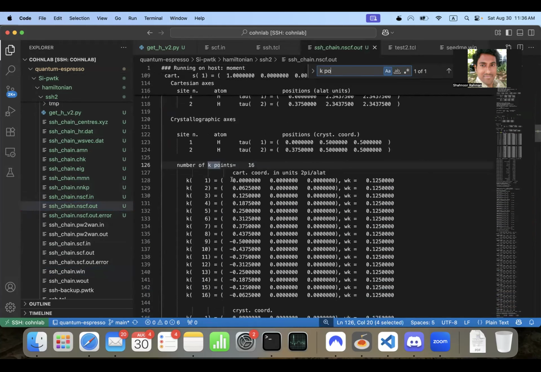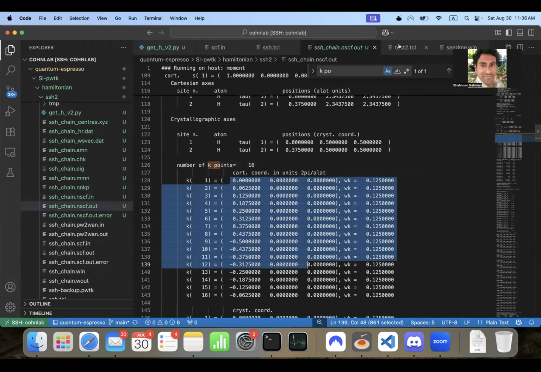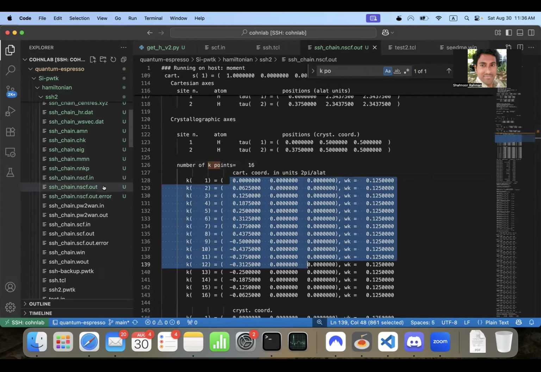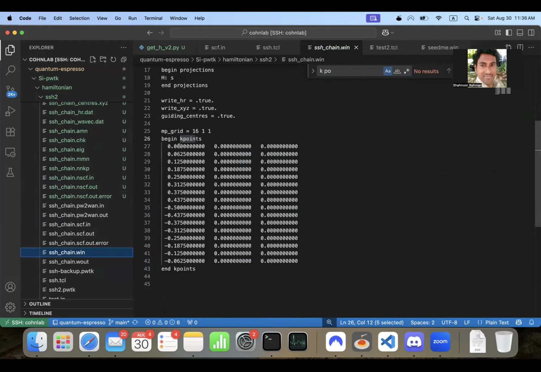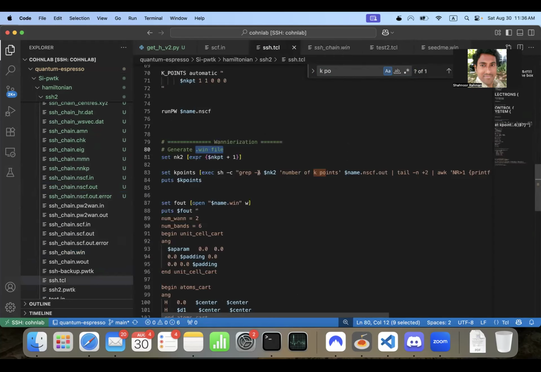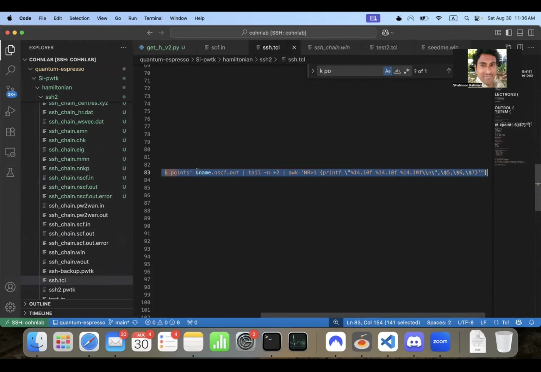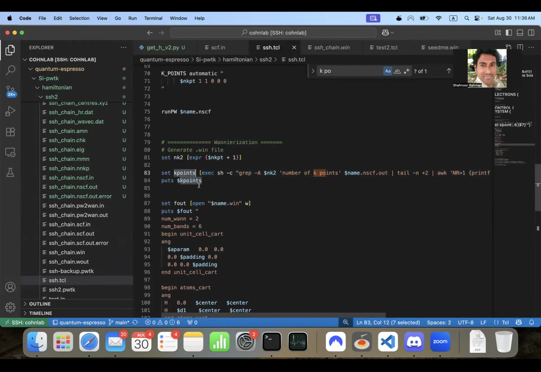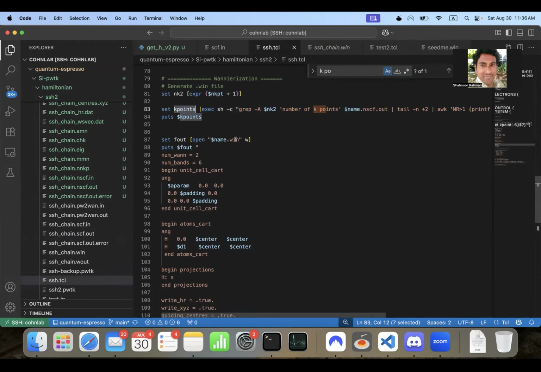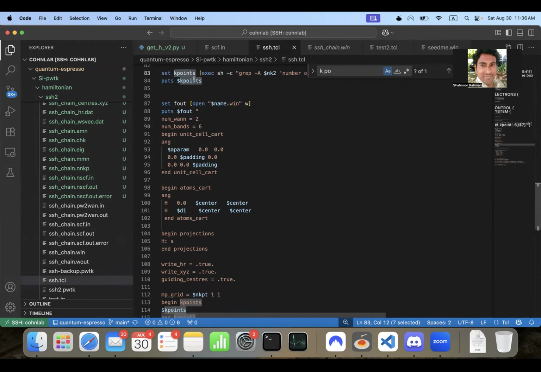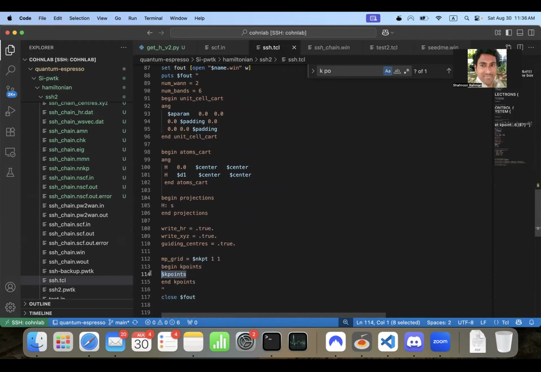So I just copied these numbers from there using a command to ssh chain dot WIN file here. So all the commands are here. Executing this command reads the file, and then when I create the WIN file, I can use those K points and plug them in here.